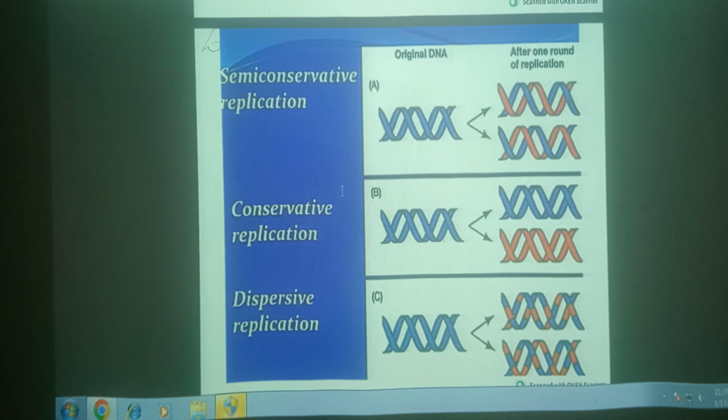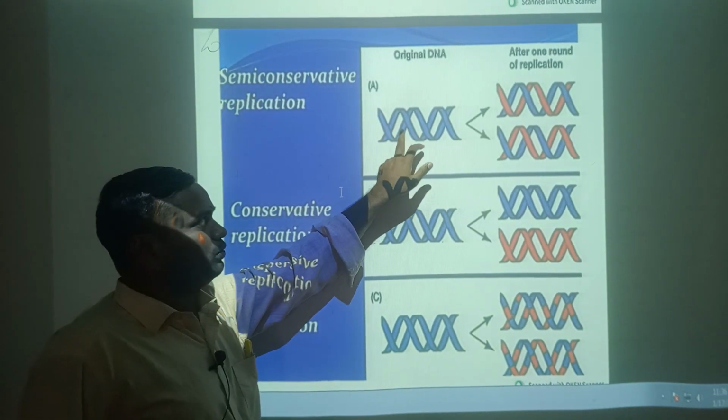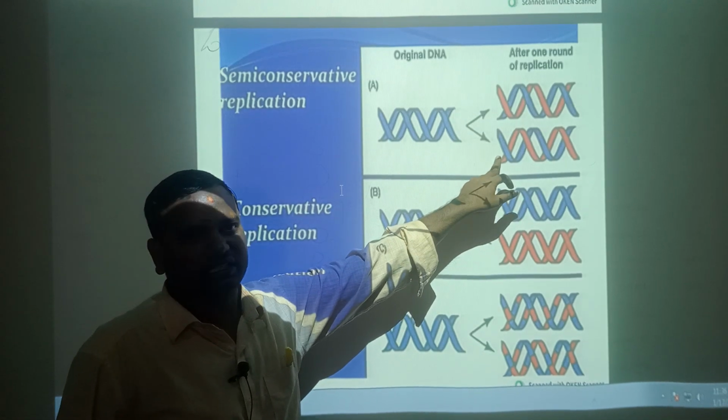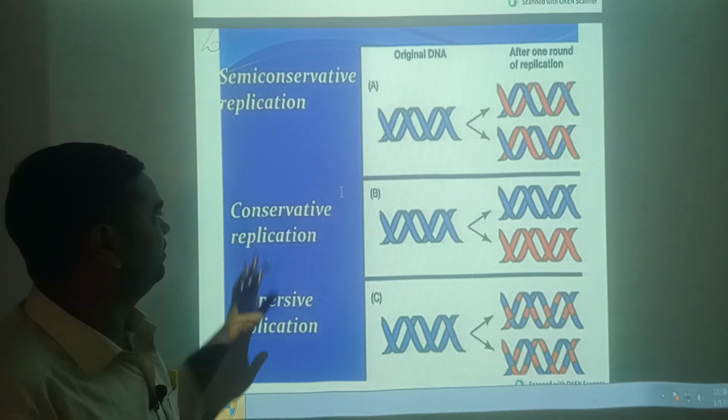So during replication, one strand of the parent molecule is incorporated in the daughter molecules, and the other strand is new. In this semi-conservative method there are two strands, one mother strand and one daughter strand. That is why it is called semi-conservative DNA replication.